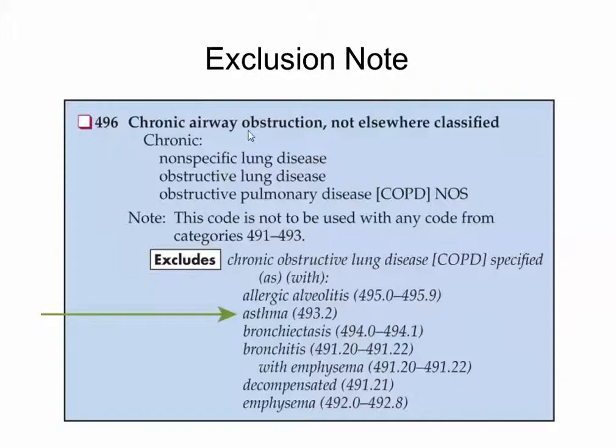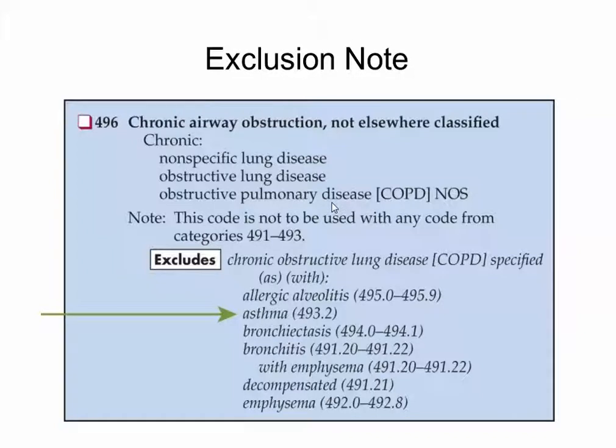So we have 496, chronic airway obstruction, or COPD, not elsewhere classifiable. So that's telling us that this can be chronic nonspecific lung disease, obstructive lung disease, obstructive pulmonary disease, not elsewhere classified. This category can be used for any one of these things. However, it cannot be used for chronic obstructive lung disease specified as with allergic alveolitis, asthma, bronchiectasis, bronchitis with emphysema, decompensated, or emphysema.